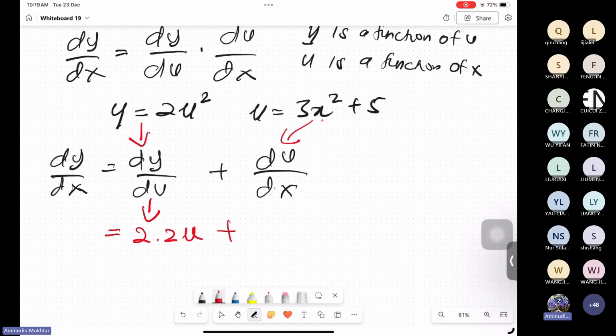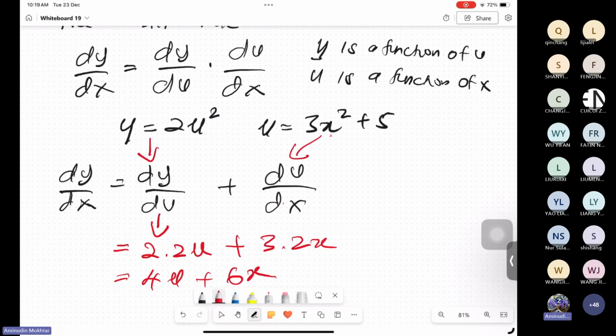For u as a function of x, du/dx equals 3 times 2x plus 0, which is 6x. So the answer is 4u times 6x. Sorry, it's not plus, it's times.